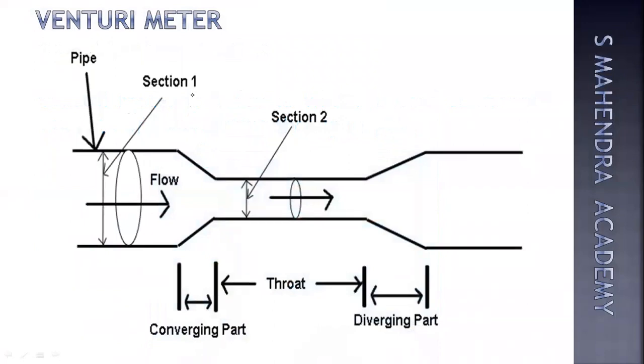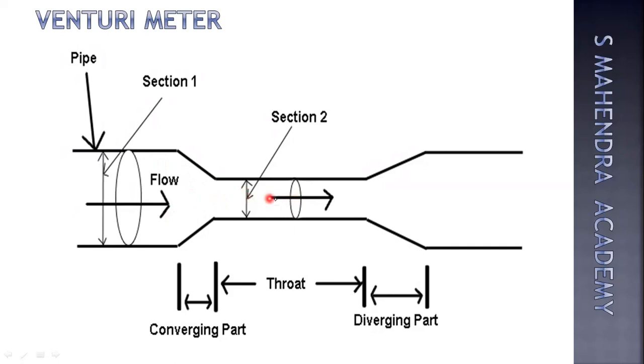Basically, the venturimeter consists of three parts: a converging part, throat, and diverging part. The fluid through the inlet converges through the converging part into a cylindrical throat.